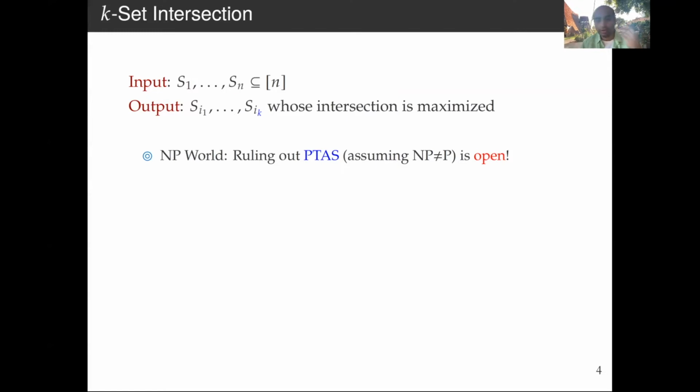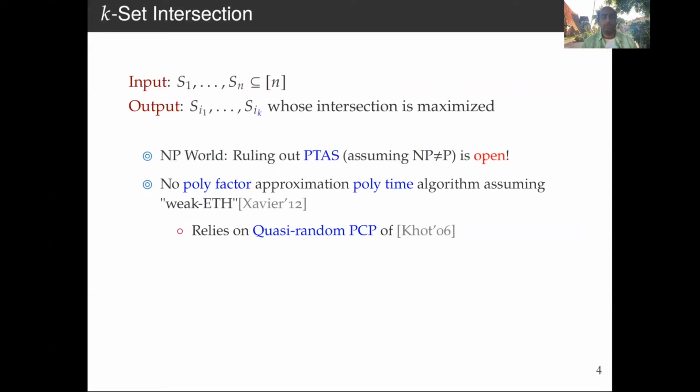But of course, using a much stronger assumption, called weak ETH, which says that 3CNF cannot be solved in time 2 to the n to the epsilon for some positive epsilon, we can rule out polynomial factor approximation algorithms running in polynomial time. But even to prove this result, which is on a much stronger assumption, we need a highly non-trivial construction of quasi-random PCPs. So even to prove something weaker, we need some extremely heavy tools.